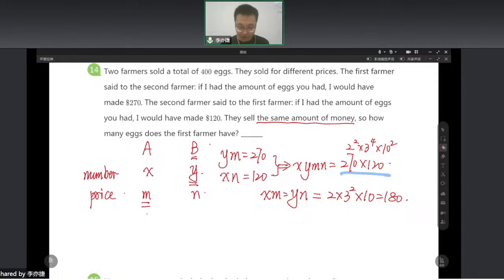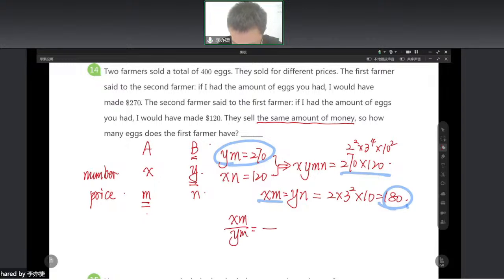Then how do we proceed? Then we compare. We know xm is 180, ym is 270. So we get xm over ym is 180 over 270, which is 2 over 3. This is just equal to x over y. So the ratio of x to y is 2 to 3.